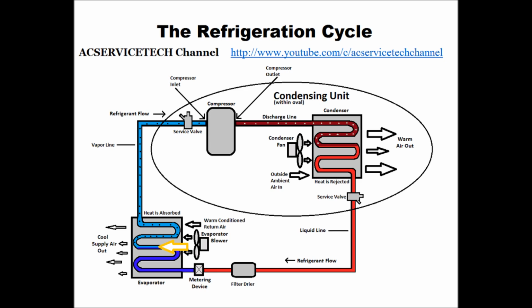After it turns into a complete vapor, right after the saturated state, to where it comes out of the evaporator coil, that's called the superheat. It's the temperature increase in vapor. It then continues over to the compressor as a low pressure, low temperature vapor, and the process starts all over.